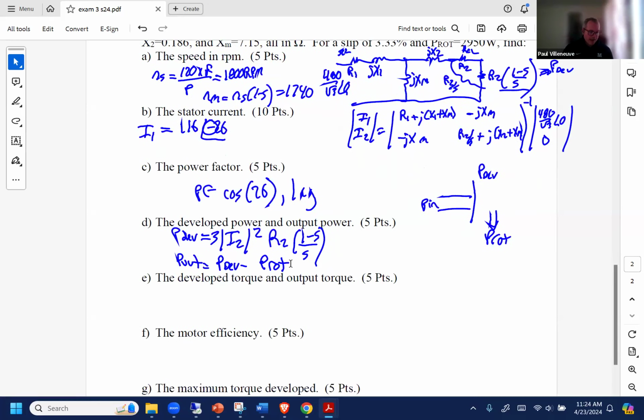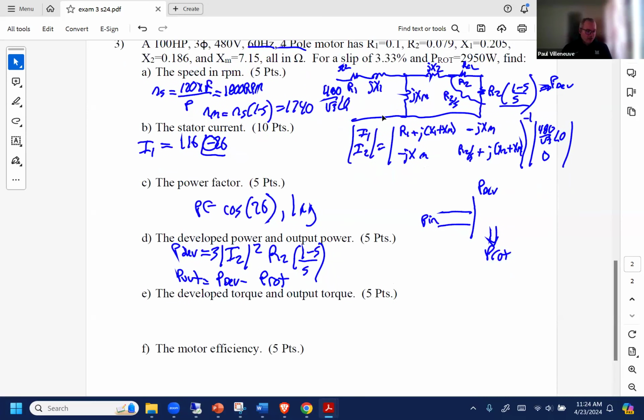And again, you were absolutely welcome to do whatever technique you wanted, but the reason why I like this I1, I2 approach in a matrix is because I can immediately calculate what this current is, because I have I2. If I don't have I2, I'm going to have to do additional circuit analysis to take out rotor copper losses. Actually, I would have only had to take out rotor copper losses.